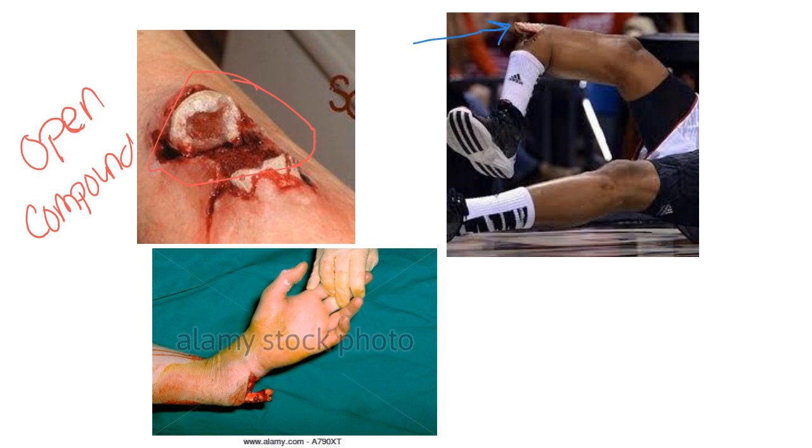That is actually his tibia, his shin. His knee is up here. This is a college basketball player, and this bone just snapped. So there is a significant risk of infection here, bone infection, blood infection. And then this would be a wrist with an open fracture, where it looks like the head of the ulna has pierced through the skin.